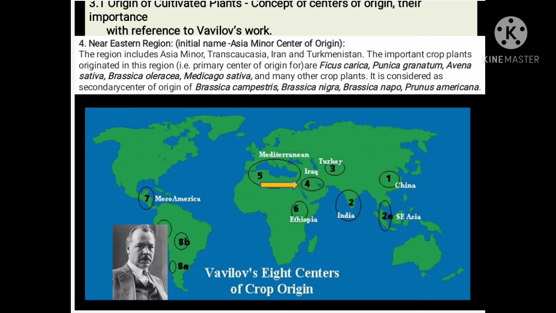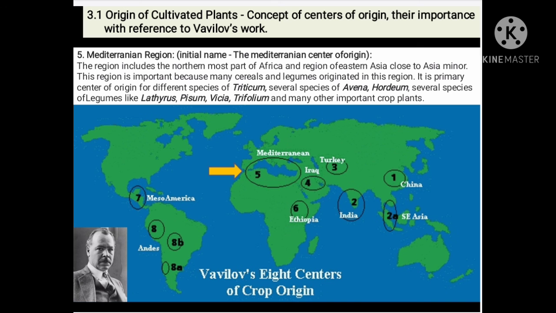The important crop plants originated in this region are Ficus carica, Punica granatum, Avena sativa, Brassica oleracea, Medicago sativa, and many other crop plants. It is considered a secondary center of origin of Brassica campestris, Brassica nigra, Brassica napus, and Prunus americana.